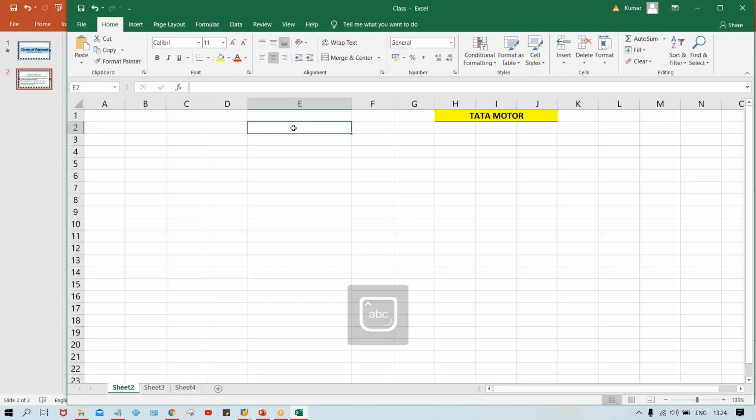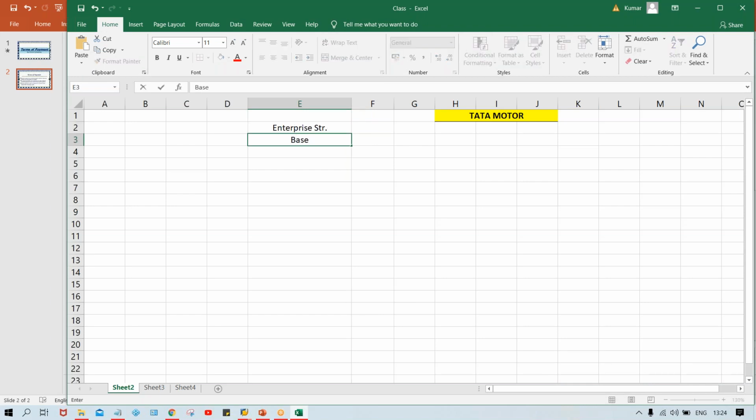First of all, enterprise structure, and then basic settings. In this sequence, first, second, and third. After that, you must do the GL settings.